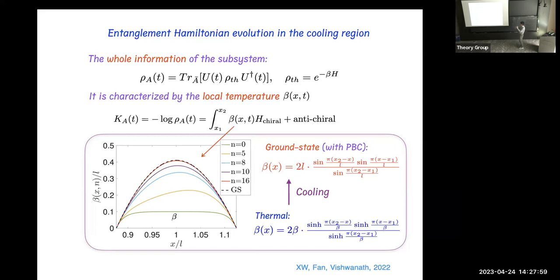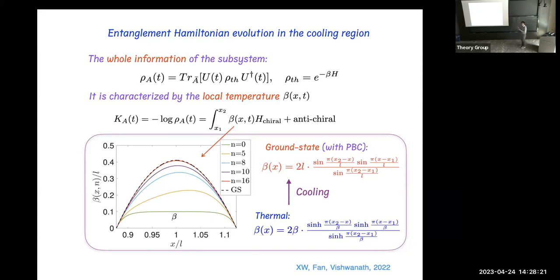We found that the entanglement Hamiltonian will evolve from a thermal one to the zero temperature one. This is how we define the temperature: we define it through the reduced density matrix. Okay, once we have this result, now we are confident.